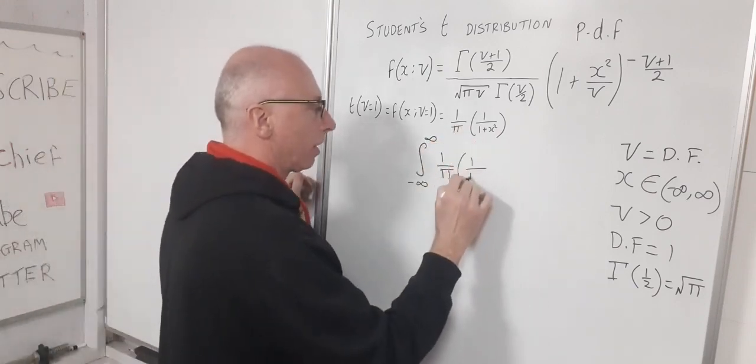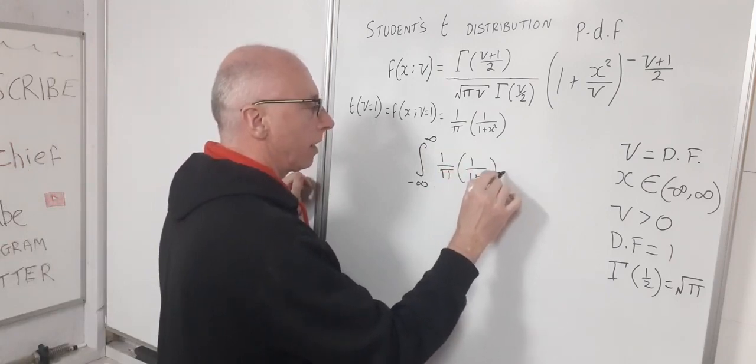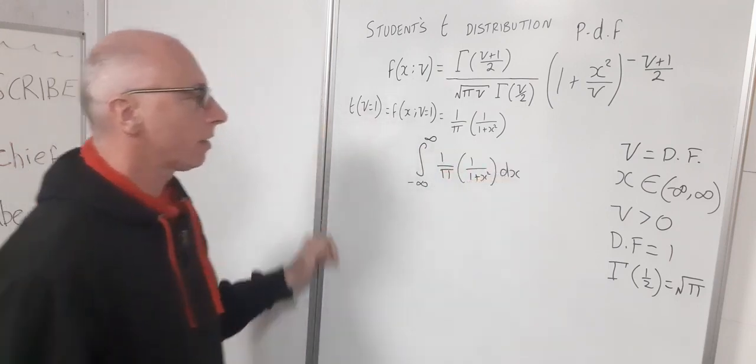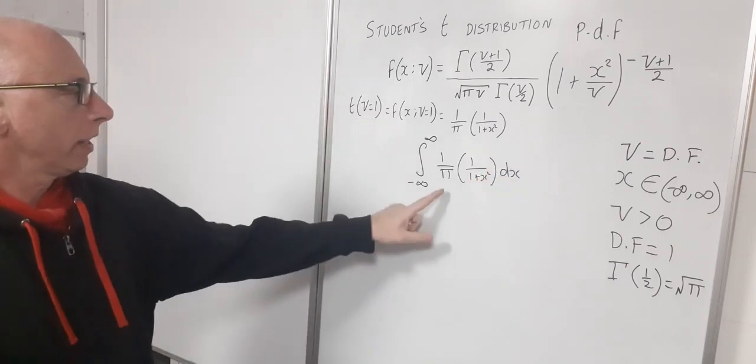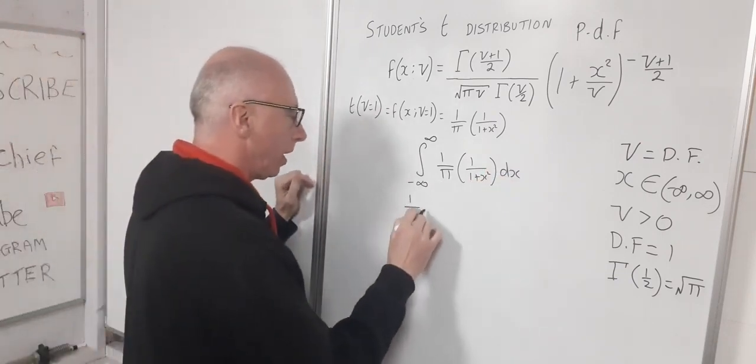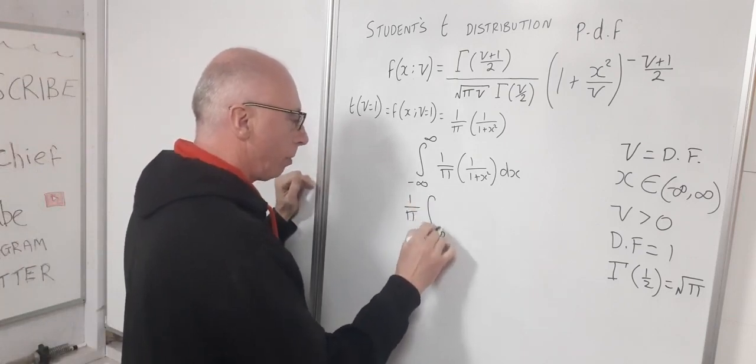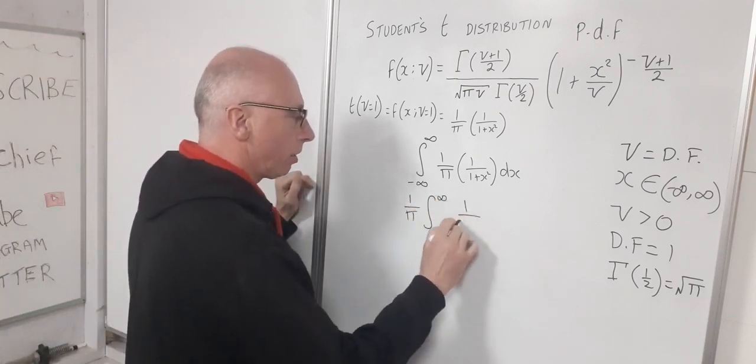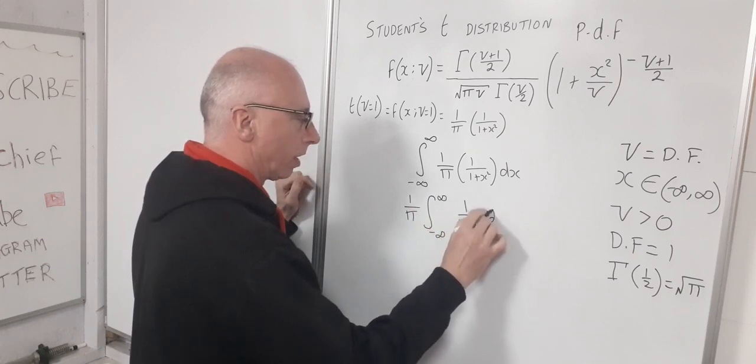So we can write that like that and integrate with regards to x. Okay, now we can take the pi out of here. That's fine, 1 over pi, and then our parameters of integration remain the same.